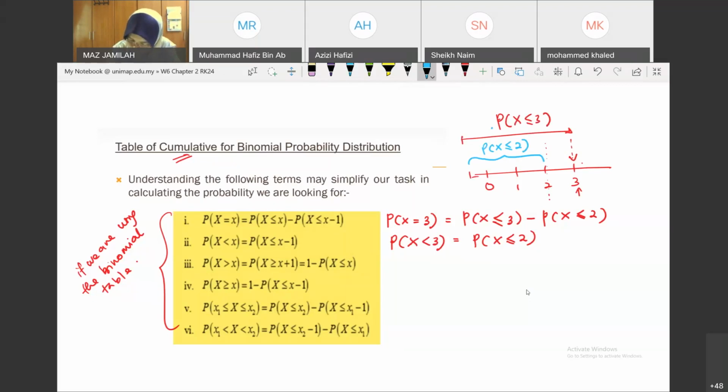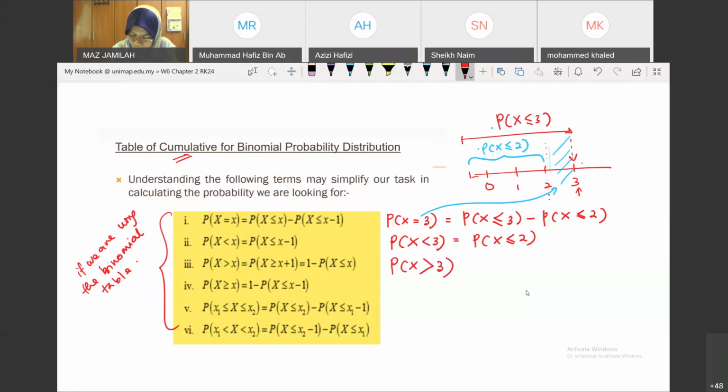Subtracting the probability values of these two, you will get exactly 3. That will be exactly this one. Now the same goes if I have, let's say, P(x greater than 3).